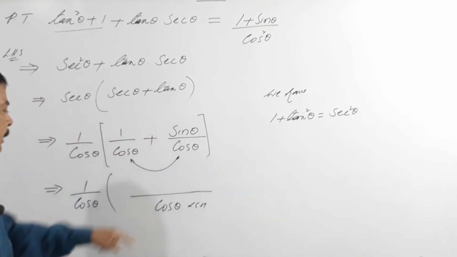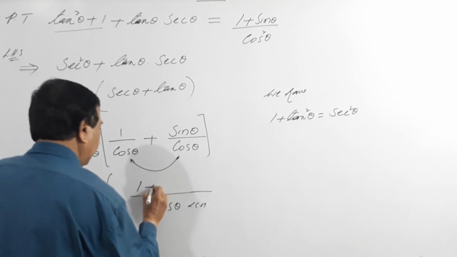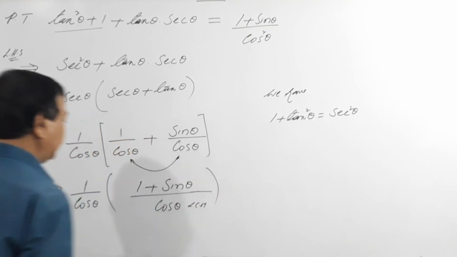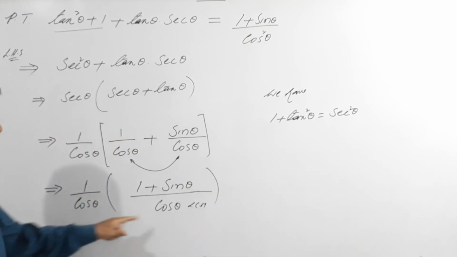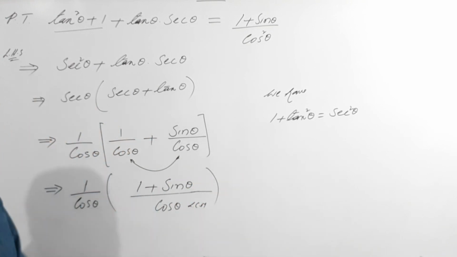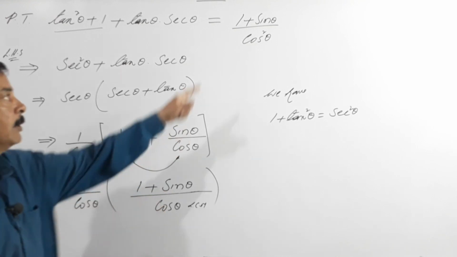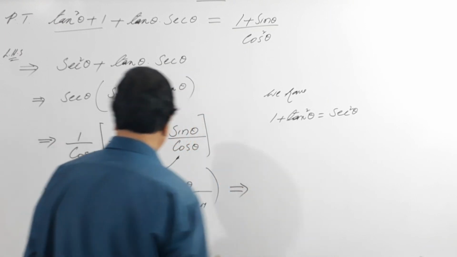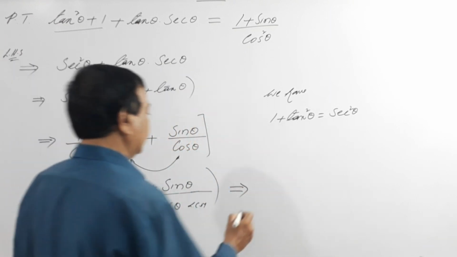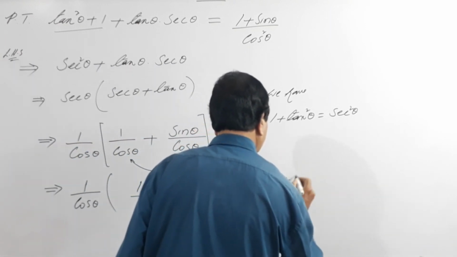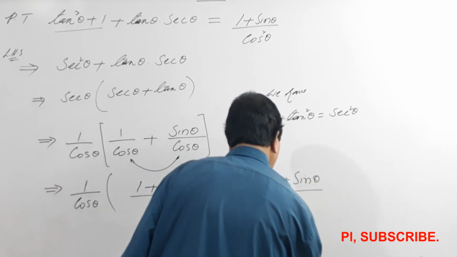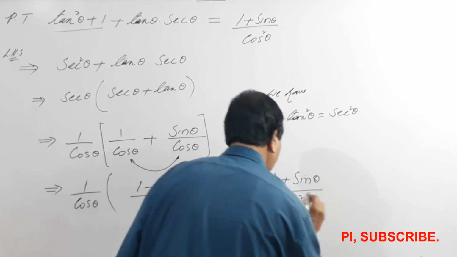So what will this become? 1 plus sin theta. Cos into cos becomes cos square. So in the numerator you have 1 plus sin theta. Got it? So this becomes 1 plus sin theta divided by cos square theta.